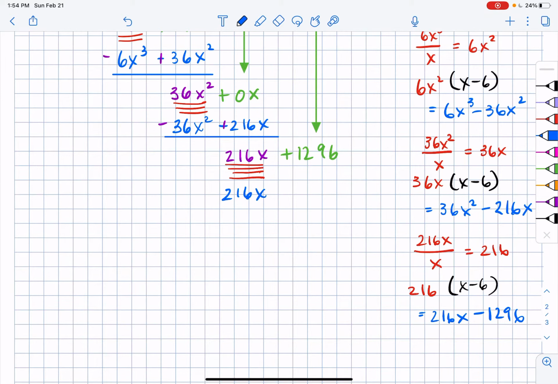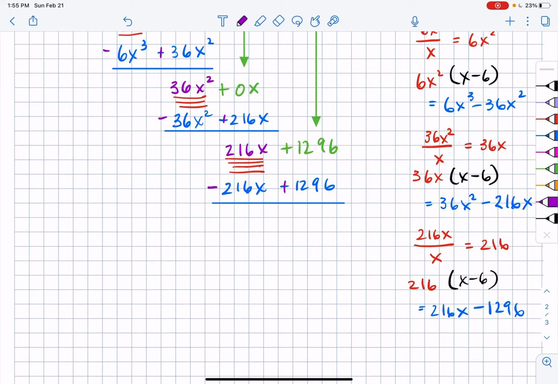So write that down: 216x minus 1296. Now here is where people get excited, but for the wrong reason. I haven't flipped the sign yet, and you're looking at the 1296 in the green and the blue and thinking, ooh, that's going to cancel out and it's going to come out even. It's actually not true. Look at this. When I flip the sign, that becomes negative, and this negative 1296 becomes a plus.